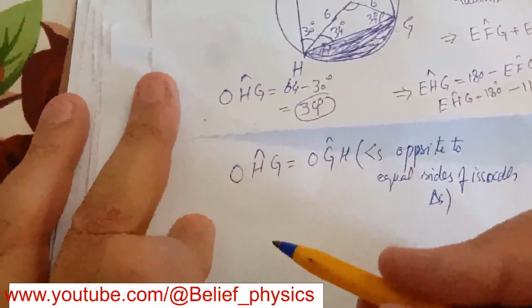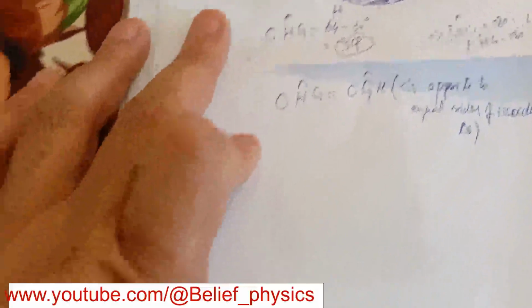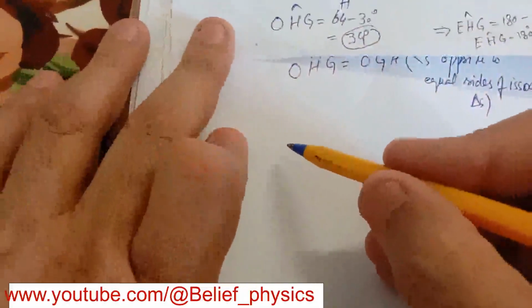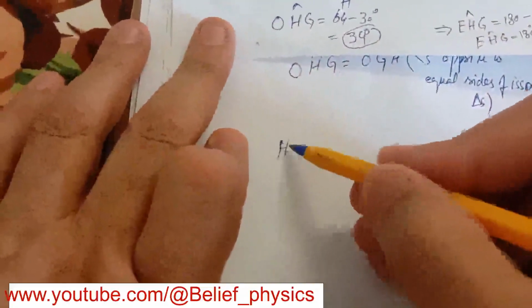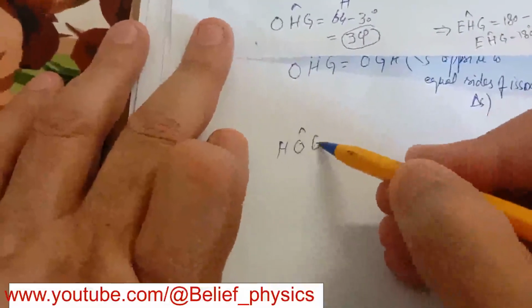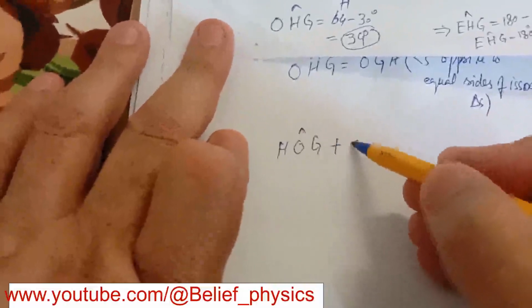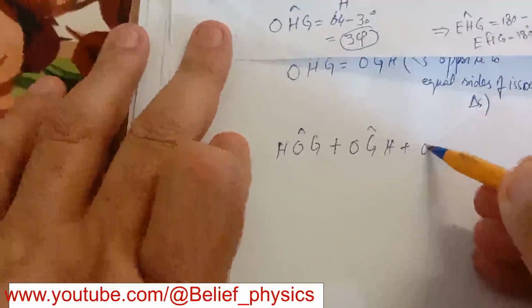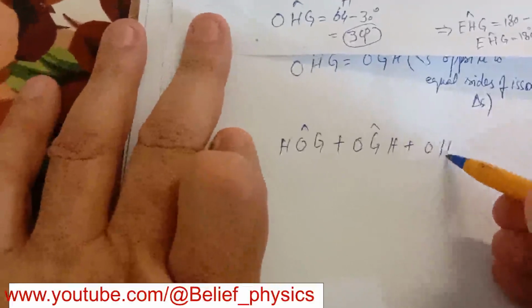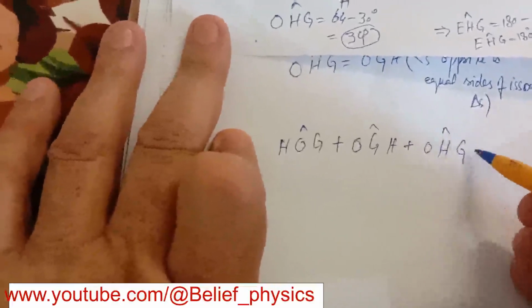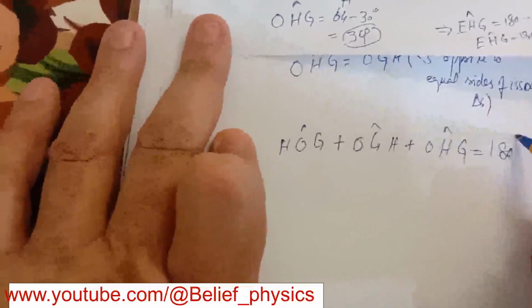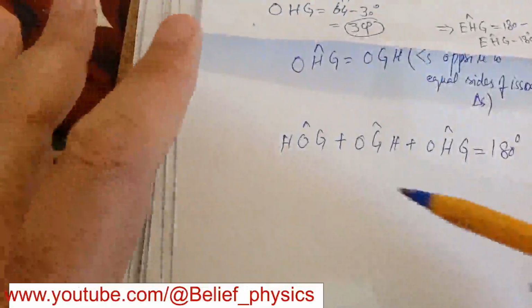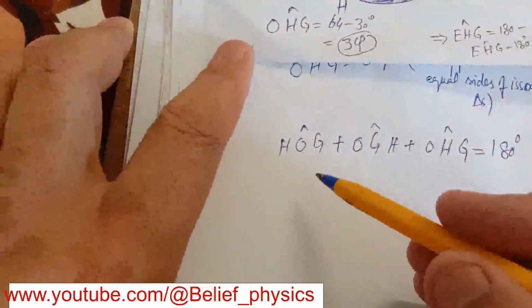Now this is very easy. We know that the sum of angles in a triangle is 180. So HOG plus OGH plus OHG should be equal to 180, because the sum of angles of a triangle is 180. So we have to find HOG.